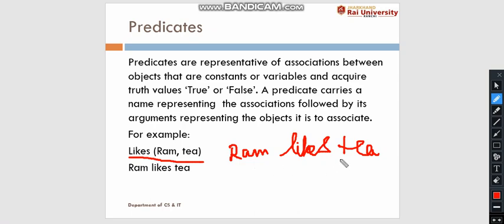The statement "Ram likes tea" can be represented in the form of a predicate in this way. This shows the relationship among the objects, and here we have two objects, Ram and tea. So a predicate is used to show the association between the objects, and these objects can be a variable or a constant. Here both Ram and tea are constants.